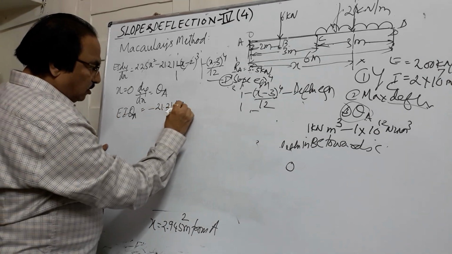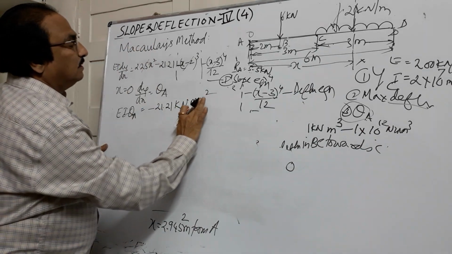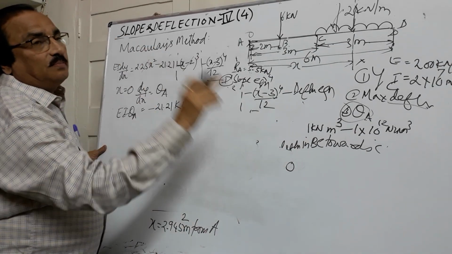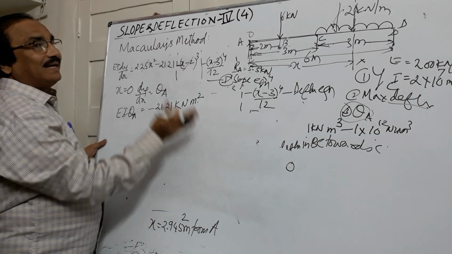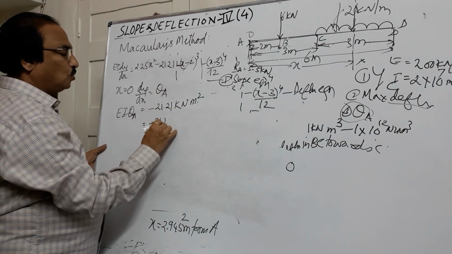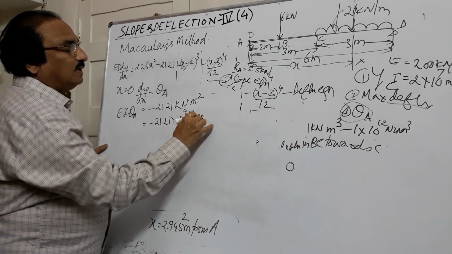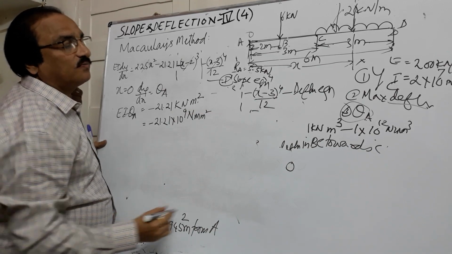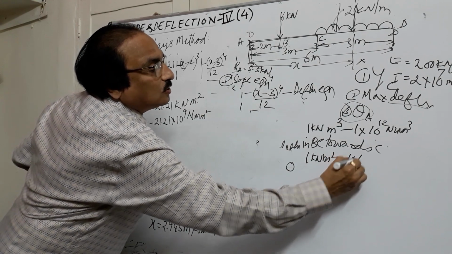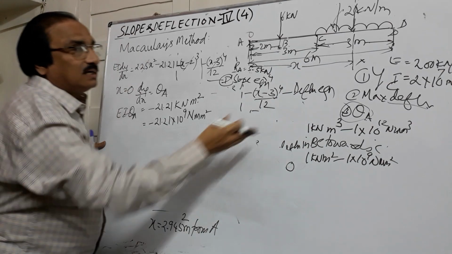So this is kilonewton meter square. Deflection is kilonewton meter cube, slope is 1 less, so it will be kilonewton meter square. So this will be minus 21.21 into 10 to the power of 9 Newton mm square. So 1 kilonewton meter square will be equal to 1 into 10 to the power of 9 Newton mm square. Remember that, it is a hint for you.